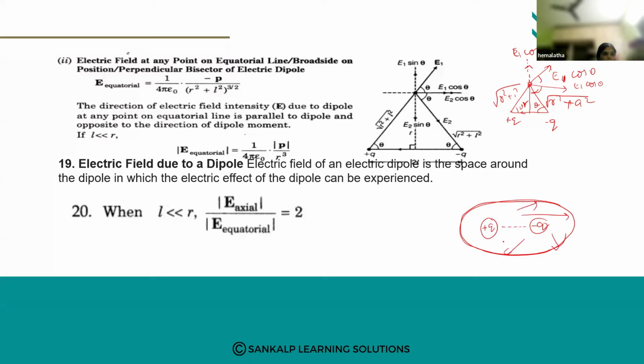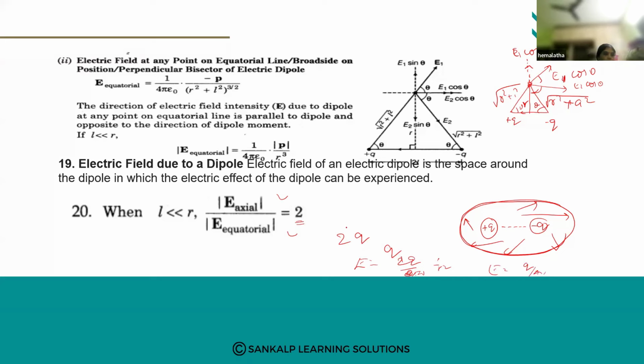Electric field due to a dipole, and this is given by E axial divided by E equatorial. That answer is given by 2, because when we solved earlier, one has 2Q and the other has Q. So if you divide both, one along the axial and one along the equatorial, E is equal to 2Q divided by 4 pi epsilon naught into 1 by R square, and the other E is equal to Q divided by 4 pi epsilon naught into R square.